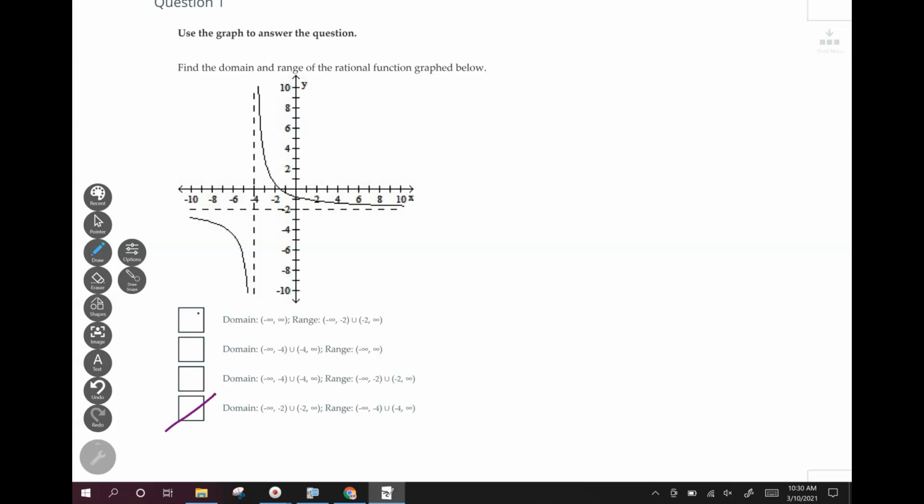So not that one and not that one. We need -4 to be excluded. And then looking at the range going from bottom to top, everything except that horizontal asymptote can be included. So everything except -2. So right here, they excluded the -2 from the range, and so that is the correct answer.